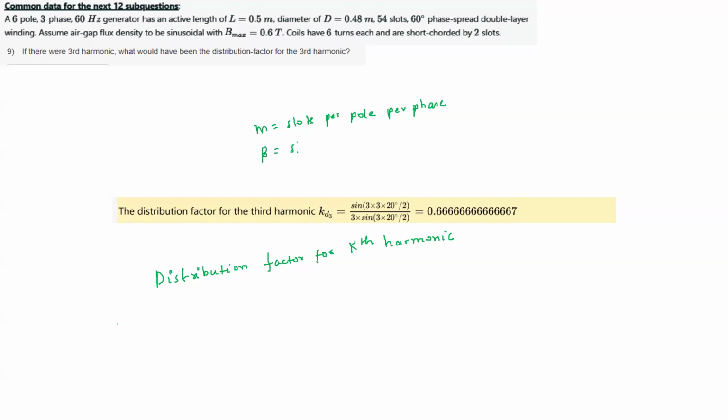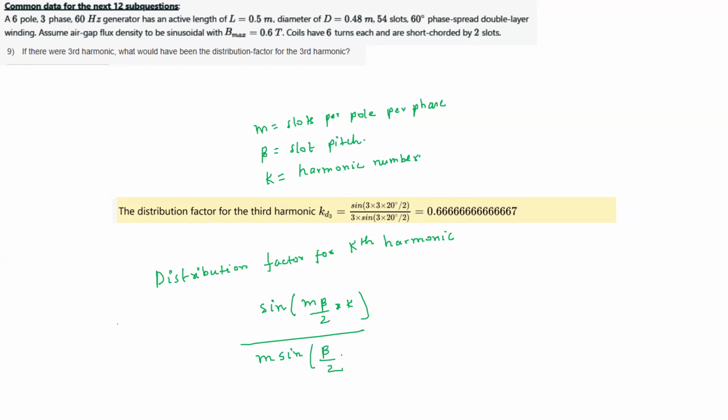Beta is slot pitch. Okay. K is the harmonic number. So here it becomes sine m beta by 2 into k by m sine beta by 2 into k.